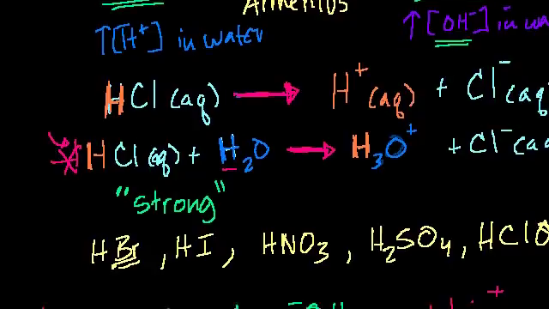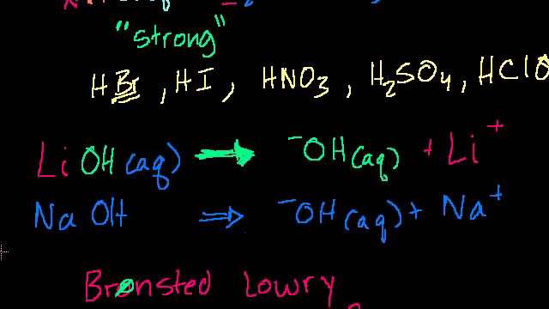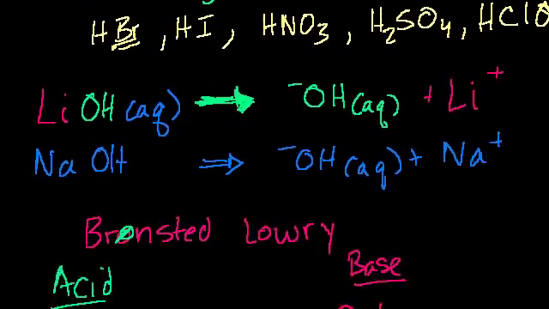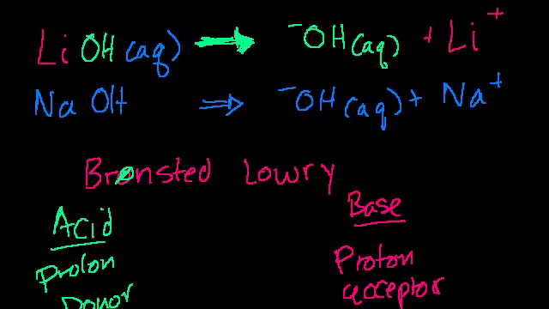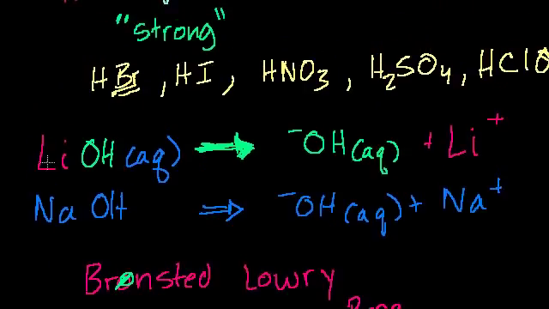Let's see the Bronsted-Lowry version of a base. A base is a proton acceptor. So this guy had this nice little relationship with this hydroxide ion. The hydroxide ion got disassociated, and it becomes a little bit fungible right here.